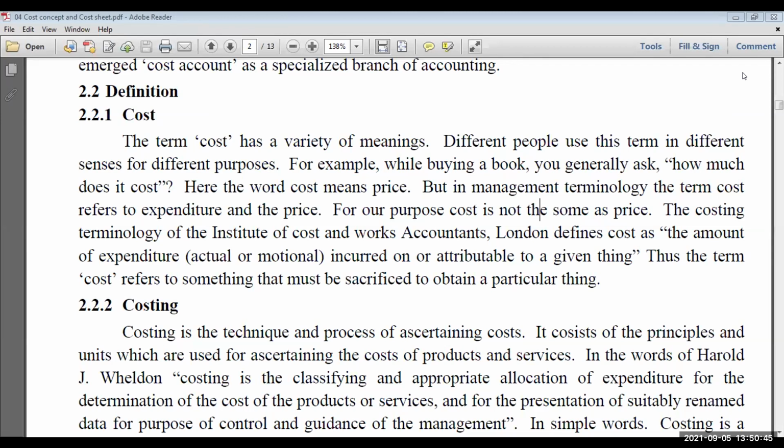You will divide 1 lakh by 10, sir. How much? The answer is 10,000. 10,000 rupees is the cost of the machine to be charged as cost to the production.